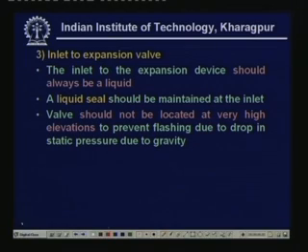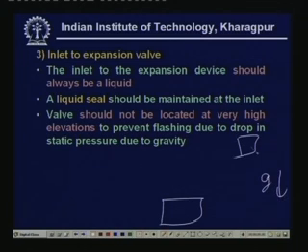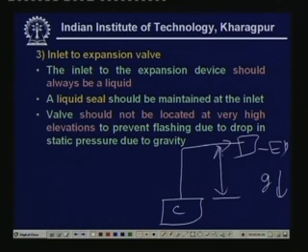That means when you have the condenser here, and you are keeping the expansion device here, with acceleration due to gravity acting downward, the refrigerant has to flow from this point to this point. So there is a large height, and the pressure at this point will be less than the pressure at the other point due to the static head. If this pressure difference is too large, then during the flow some flashing may occur and some vapor may enter the expansion device. So this has to be avoided.